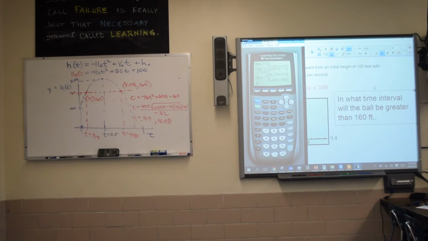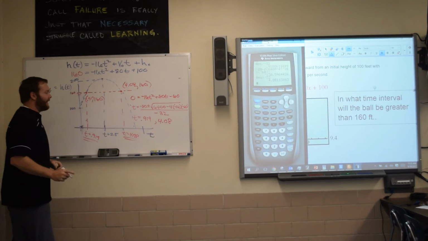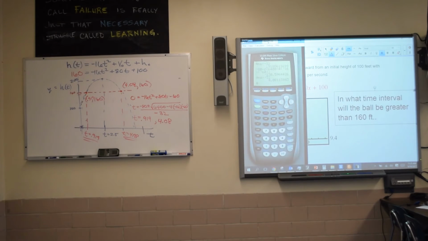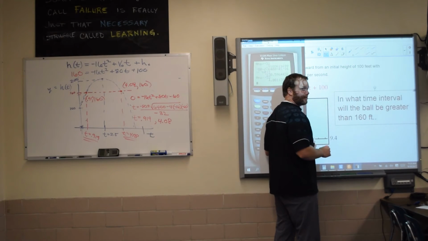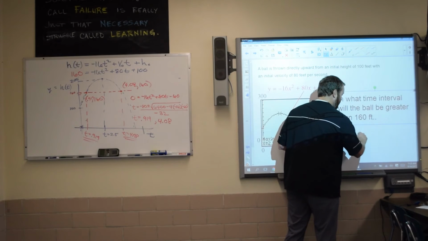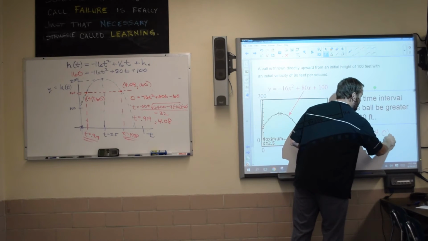So that's not necessarily answering the question yet, because it says in what time interval will the ball be greater than 160? Okay. Now with our rough rounding here, we now have exactly the values of when it is at 160, right? Well, at 160 is not greater than 160, right? So we want to go from 0.919 up to 4.08.